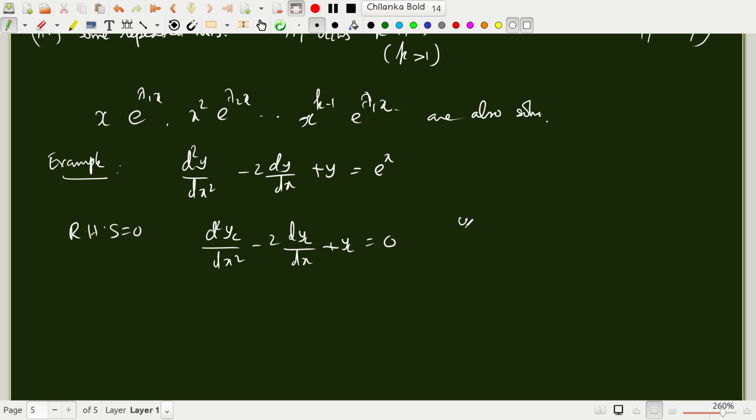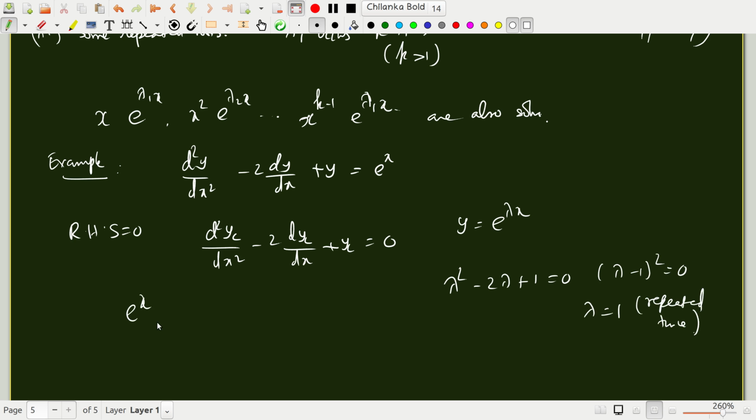Then I substitute y equal to e^(lambda x) to get lambda^2 minus 2 lambda plus 1 equals 0, which is (lambda minus 1) squared equals 0. So lambda is 1, repeated twice. If e^x is one of the solutions, then x e^x is the other solution. So y complementary becomes (c1 plus c2 x) multiplied by e^x.